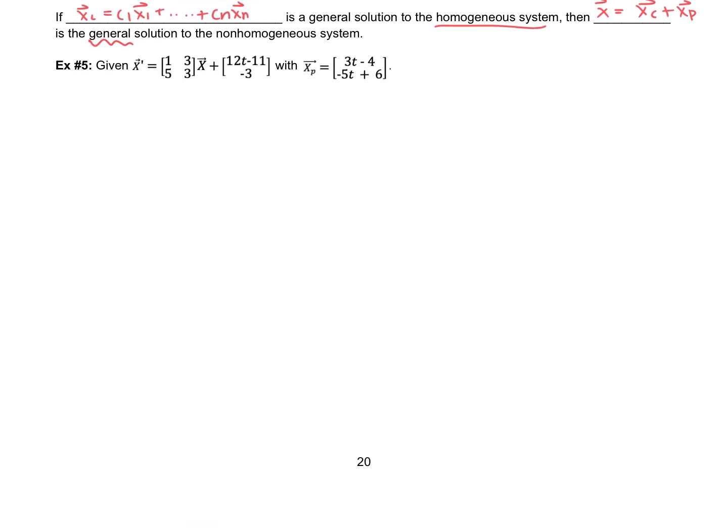So we are given this equation right here, and we have this particular solution. First thing that we're going to do is verify that that particular solution is in fact a solution of the differential equation. So I'm going to substitute this into my equation right here. I have x prime is equal to Ax add f.